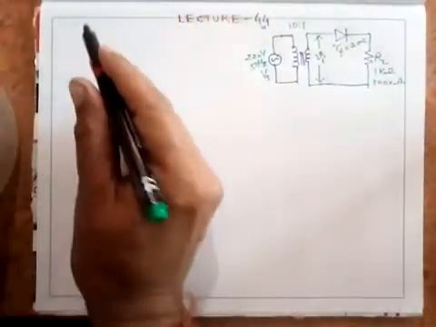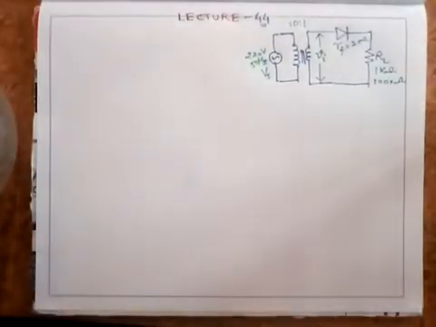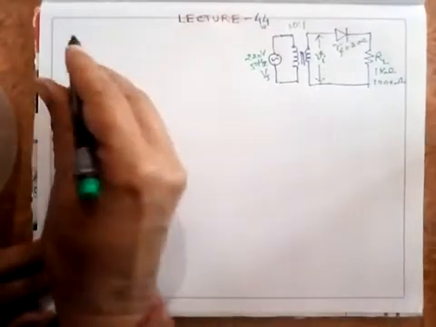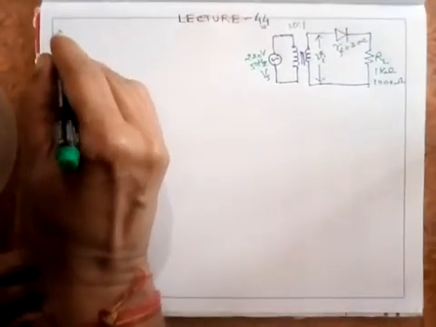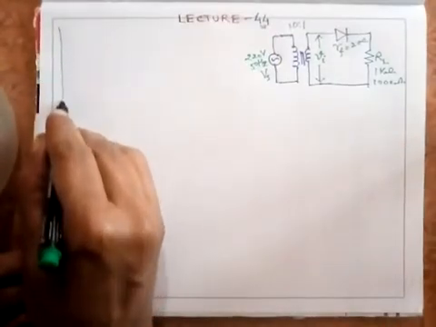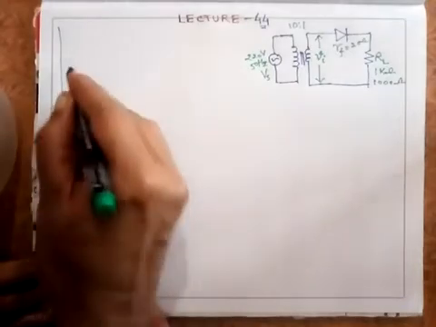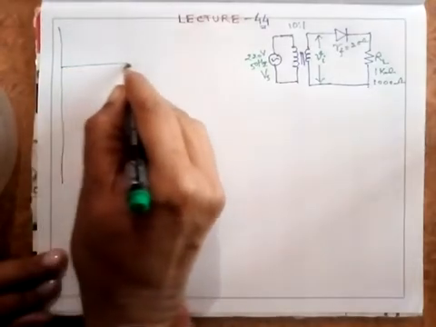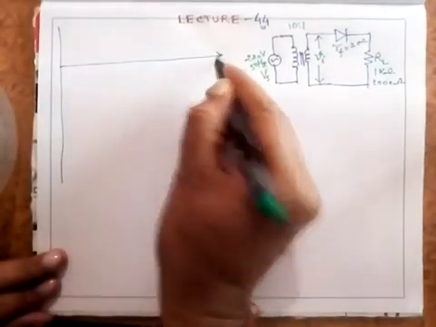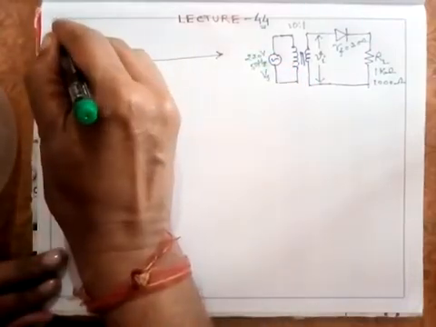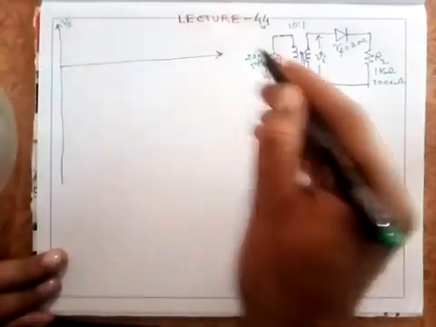It is very important to understand the problem. Suppose I draw various waveforms at this point. Initially, I am drawing for Vs, the supply voltage here.